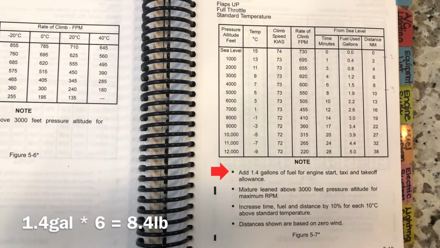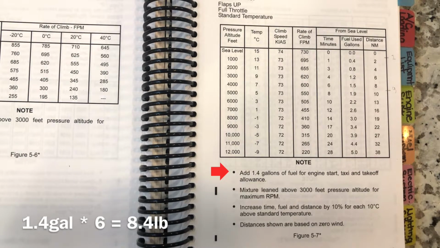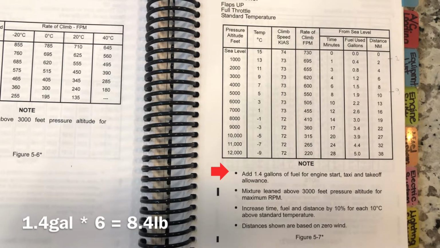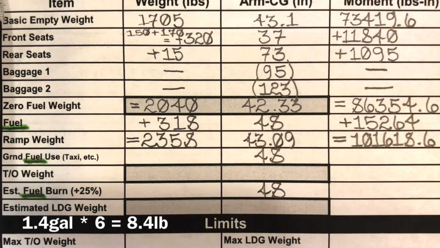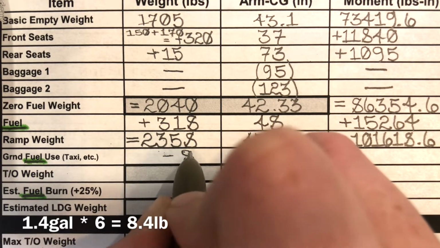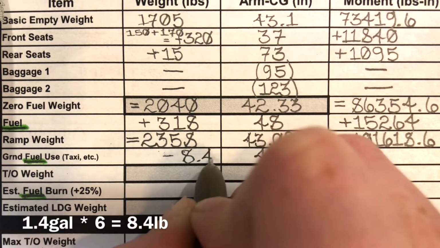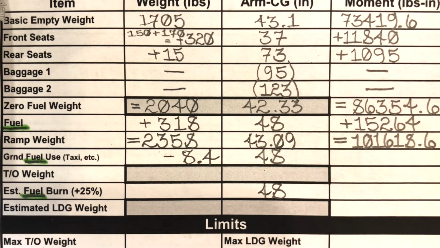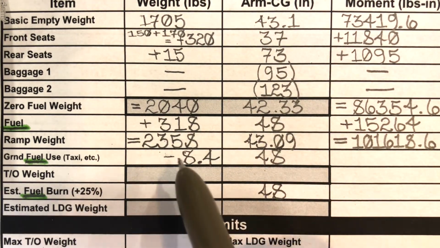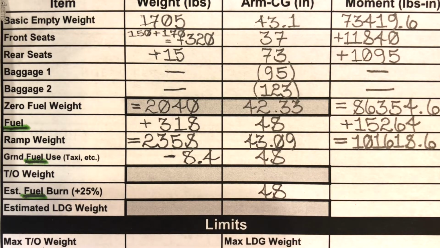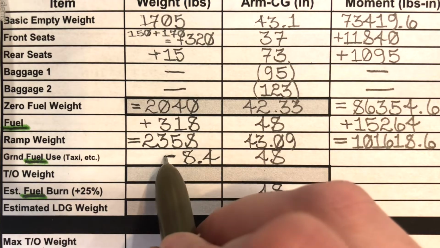So multiply it by 6 and you'll get your fuel in pounds, which is 8.4. So I'm putting 8.4 here, and I'm putting a little subtraction symbol here because we're burning fuel, right? We're taking the poundage of fuel away from the fuel tanks. So minus 8.4.